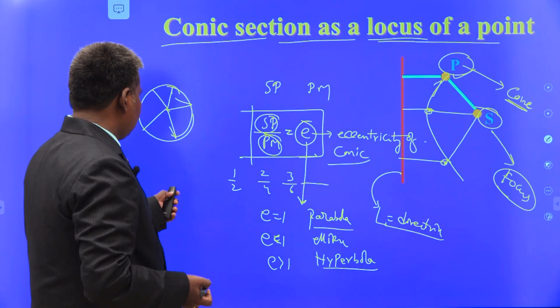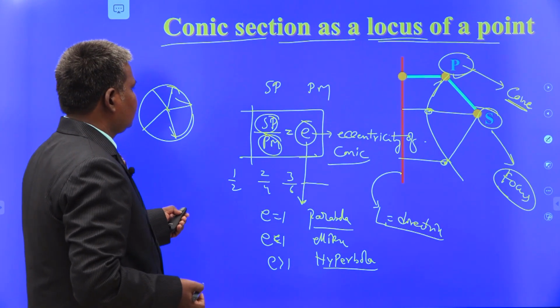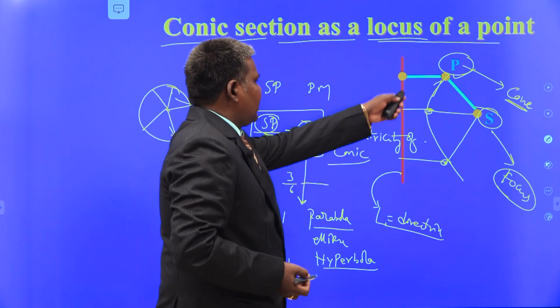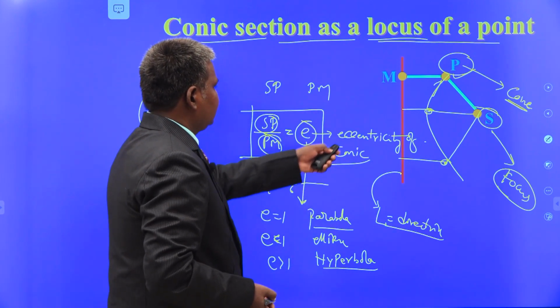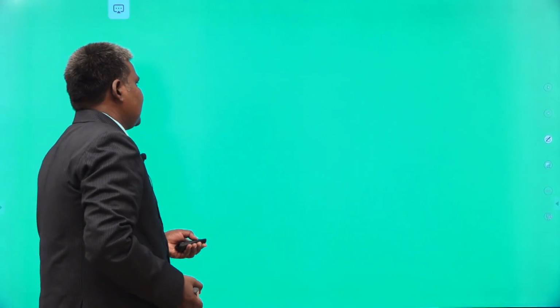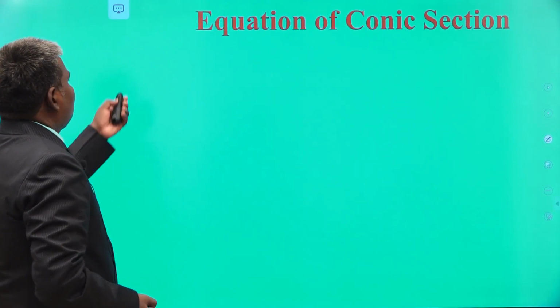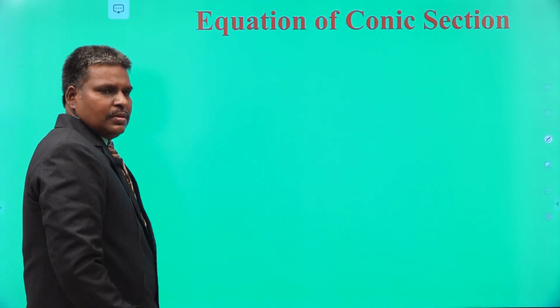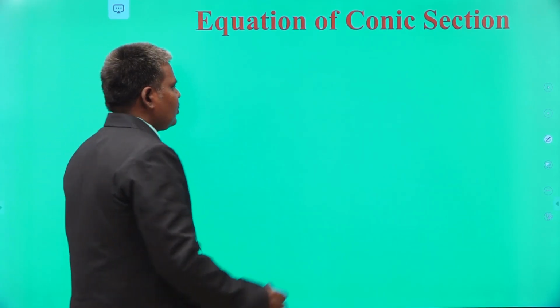Let us see. This is the fixed point, SP by PM. This is SP and this is PM. SP by PM is constant. Now, the equation of the conic section. How to obtain the equation of the conic section?